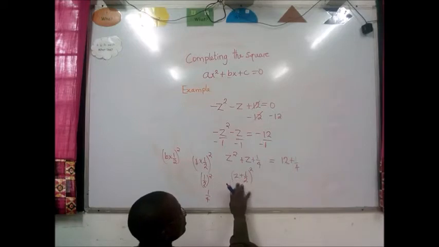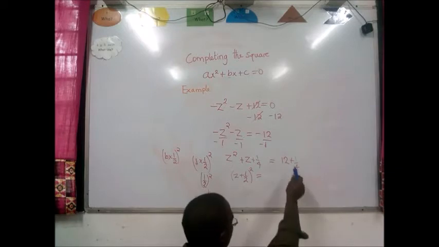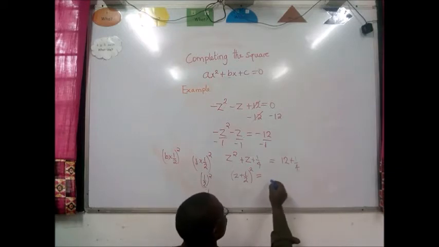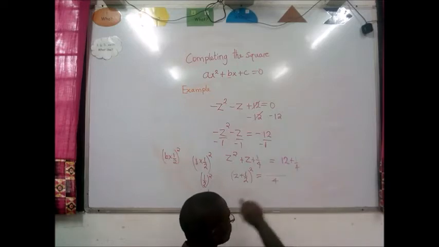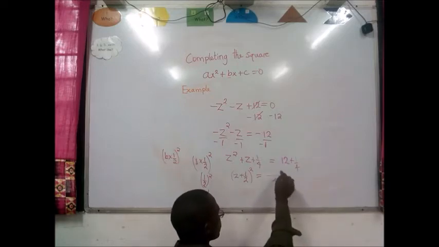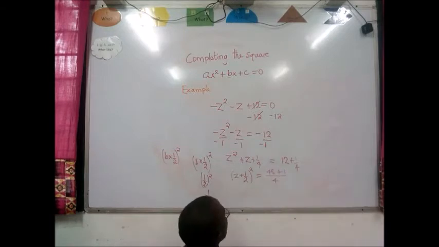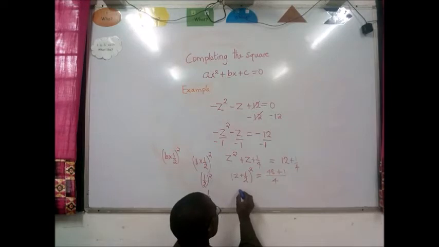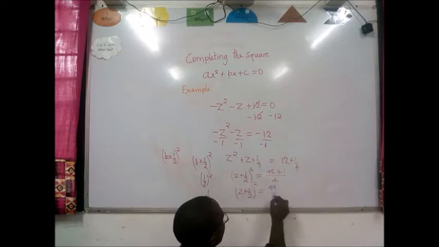If you operate the fraction on the right side, 12 is 48 over 4, plus 1, and then we get z plus half squared is equal to 49 over 4.